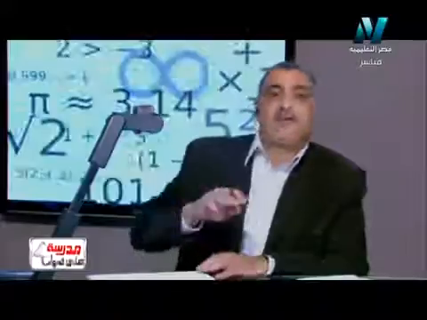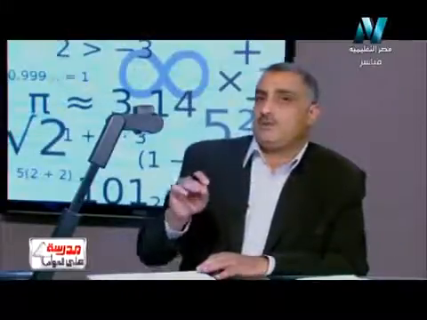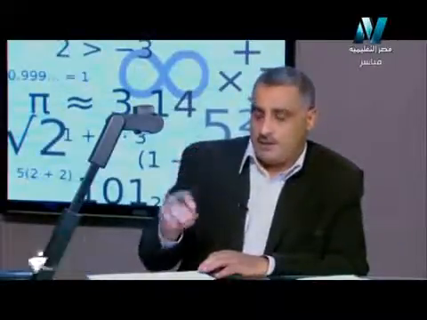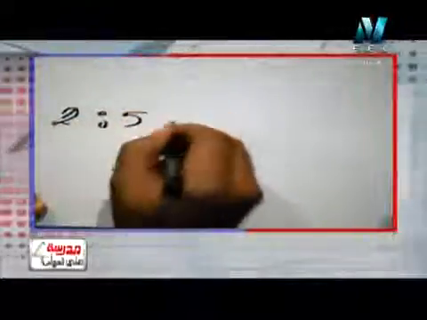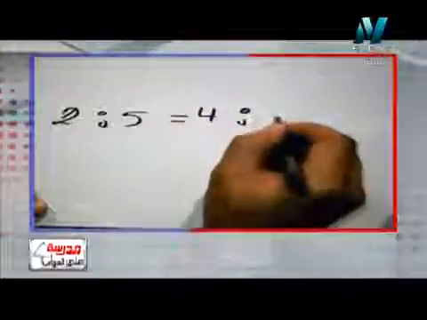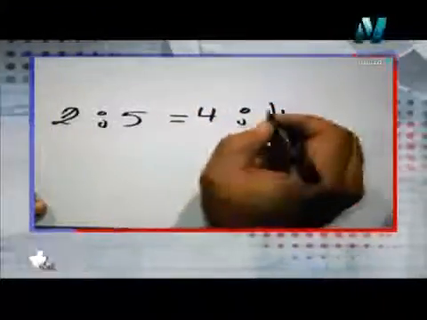And the opposite: if we have four numbers and they say the four quantities are proportional, we can divide the first over the second equals the third over the fourth. So we can write it in this form: 2 to 5 equals 4 to 10.